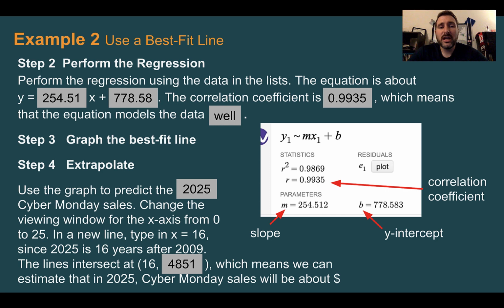Then we can look, those lines would intersect at 16, 4,851, or if you just substituted 16 into the equation, you would get about 4,851. What that would mean in this context, Cyber Monday sales would be about 4,851,000,000, because the data originally we were given was in millions.